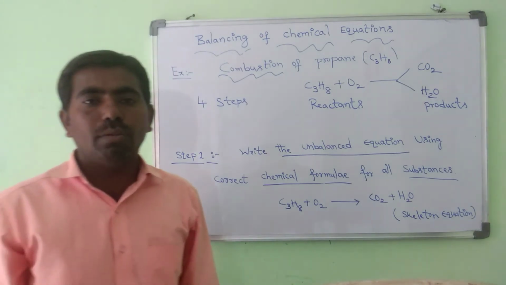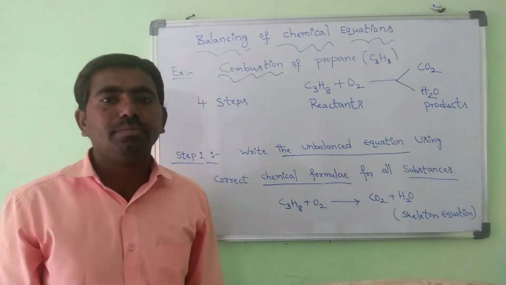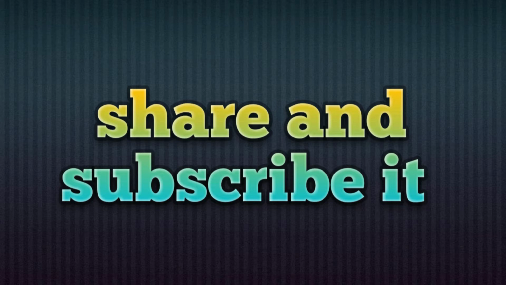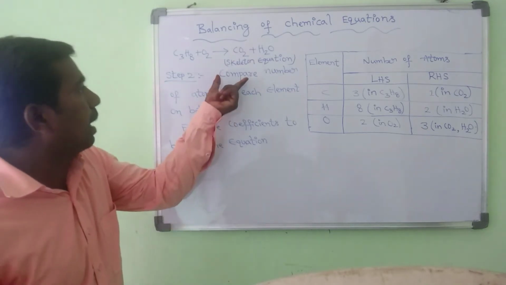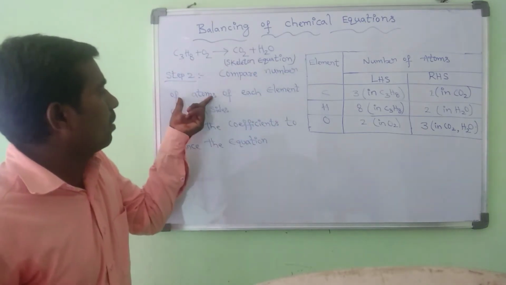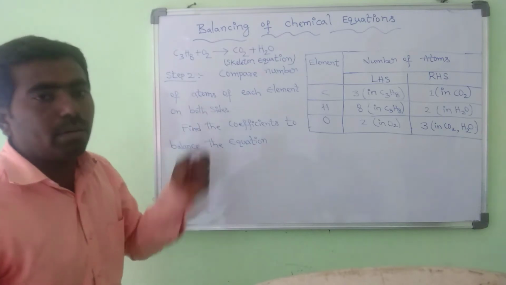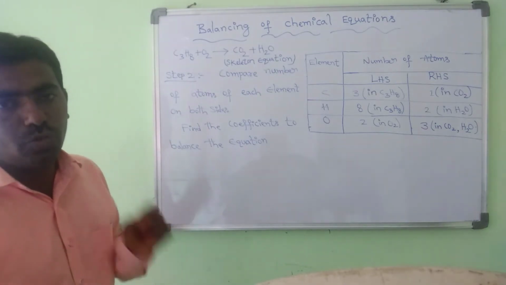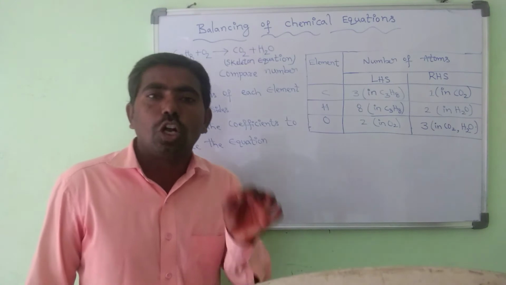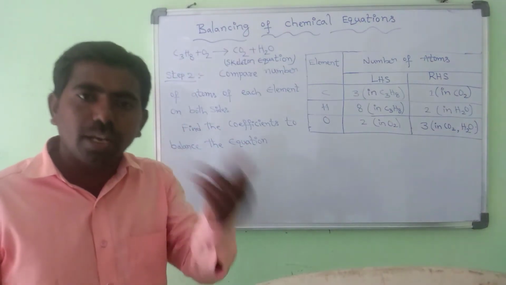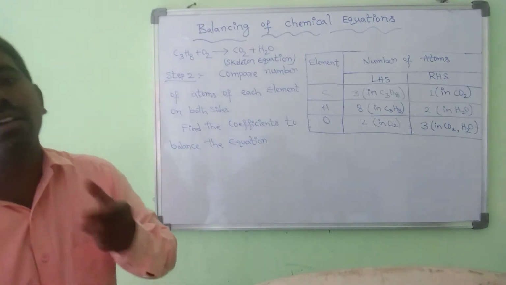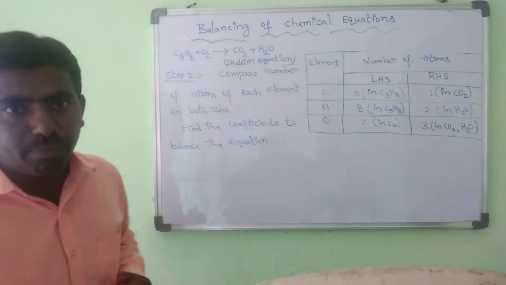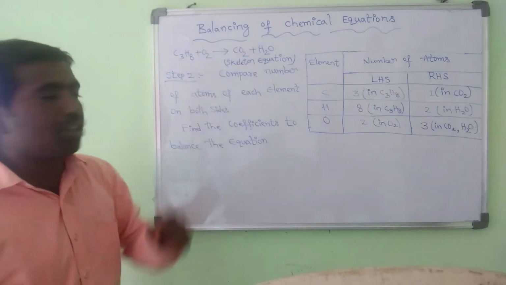Now we will go to the second step. Step 2 says: compare the number of atoms of each element on both sides. That means we have to compare the total number of atoms of each element present on both sides of a skeleton equation.